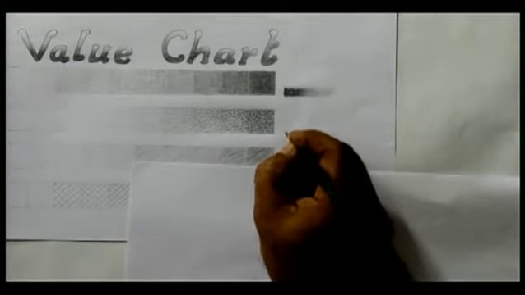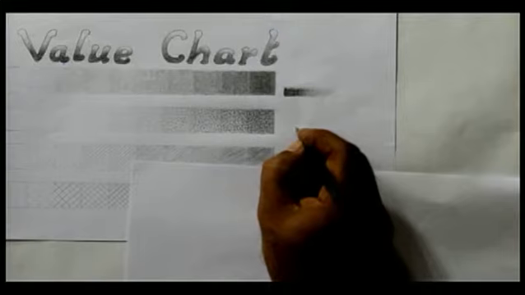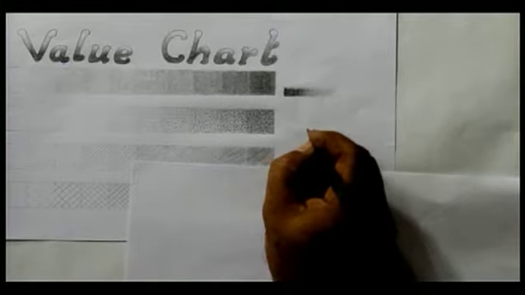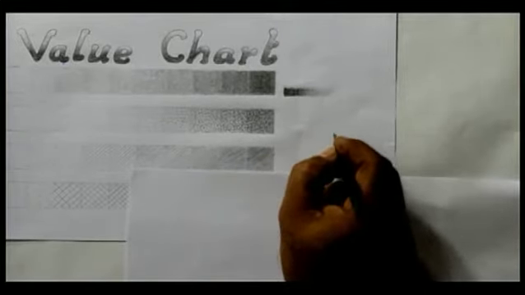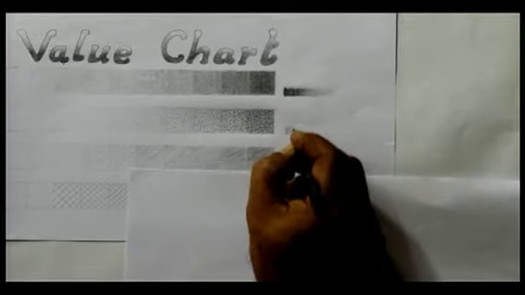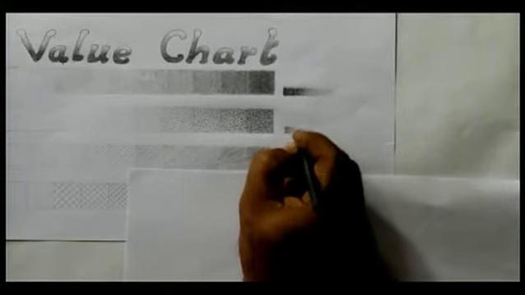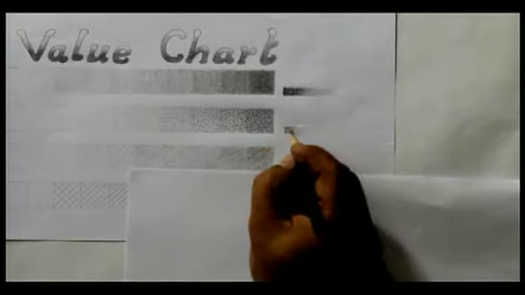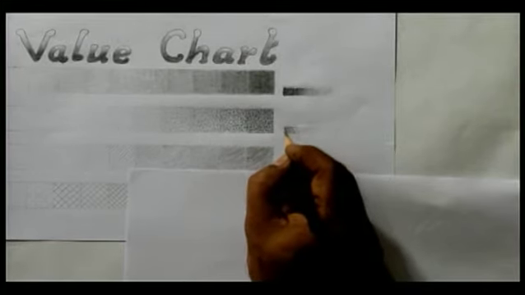Here, for the stippling technique, I play with dots. When dots are closer, tones are darker.